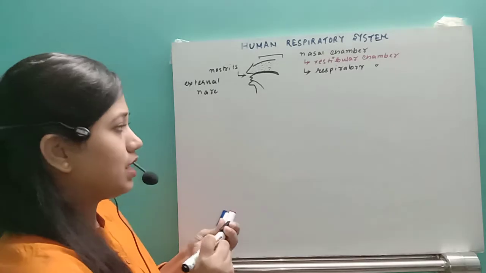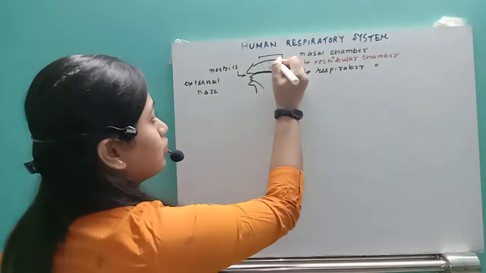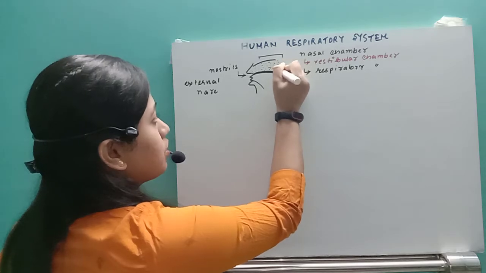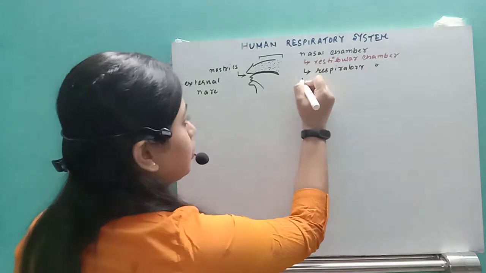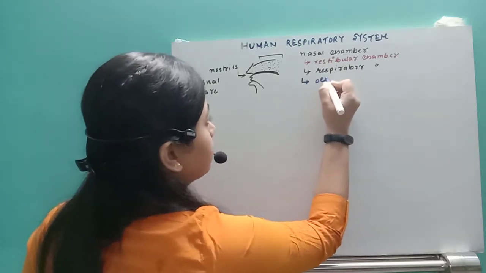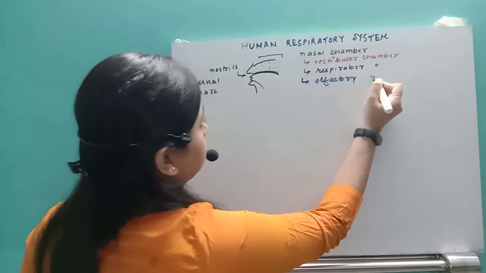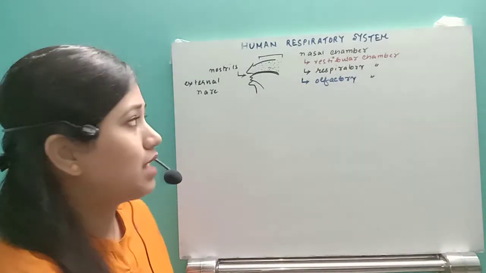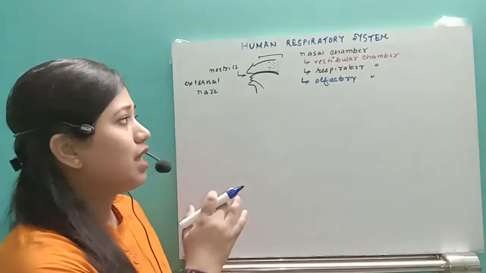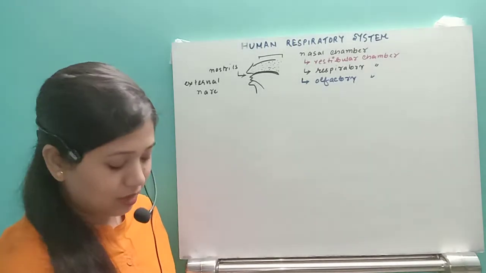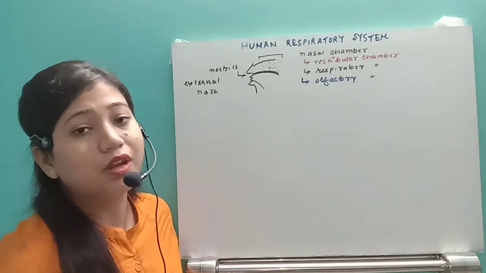And just behind the respiratory chamber, we have the olfactory chamber. Remember that the vestibular chamber, respiratory chamber and olfactory chamber are the three parts of the nasal chamber, which perform different functions.